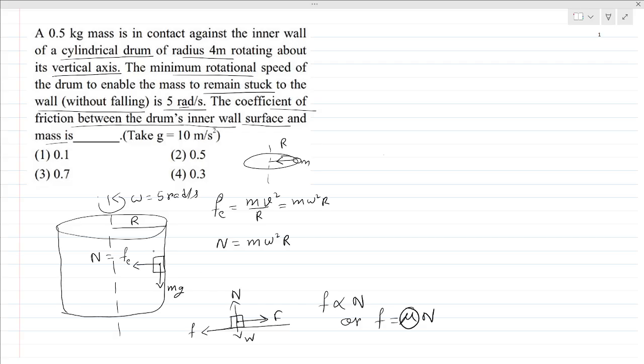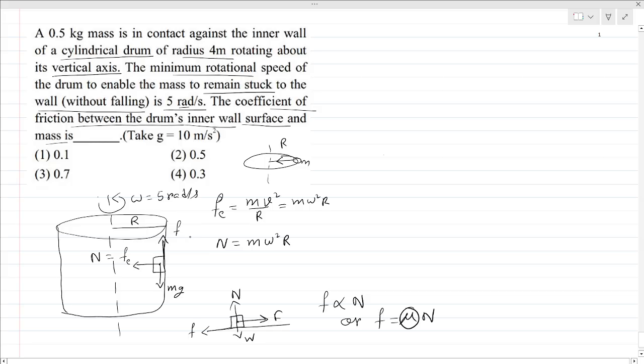If the object is not moving, the basic tendency of the object will be to move in the direction of gravity, which is downward. Due to the motion, the object could not fall, it is stuck. That means the frictional force between the inner surface of the drum and the mass will be in the opposite direction, that means upward, which we can write as a small f.